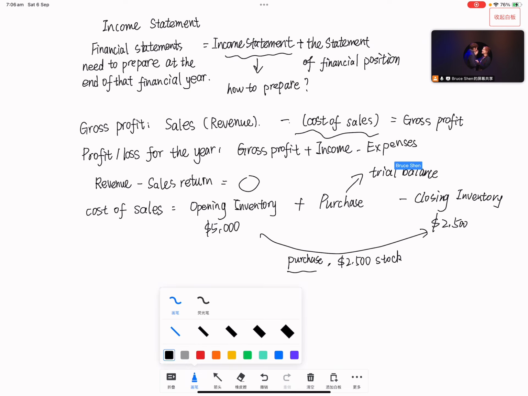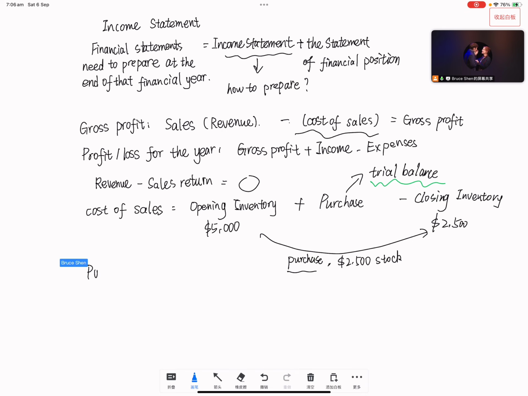It is really important: you just directly quote the figure into your statement. During the CIE exams, you can be sure that all of the figures from the trial balance are correct, unless you made mistakes, of course, just joking. But purchases isn't that easy to calculate.